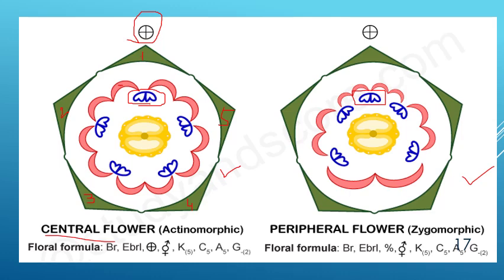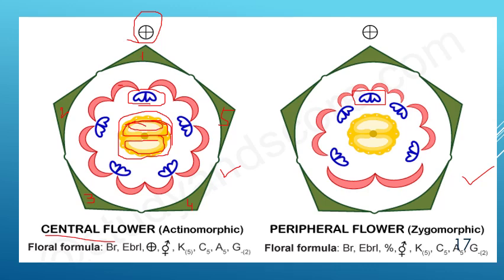After that, we have the ovary. As you observe, the ovary is bicarpellary, two carpels, one is this and the other one is this. And this bicarpellary ovary possesses two chambers.